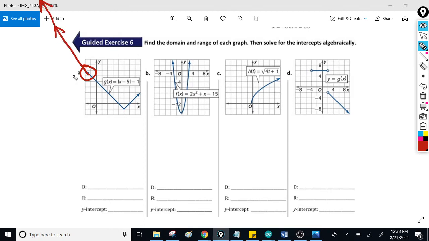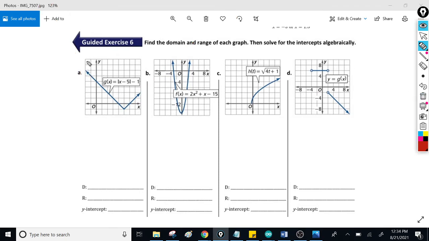So I need you to use your imagination and pretend that the line will keep going on and on and on to the upper left forever. And then the same for the right side, all right? It will just keep going on and on forever to the right.